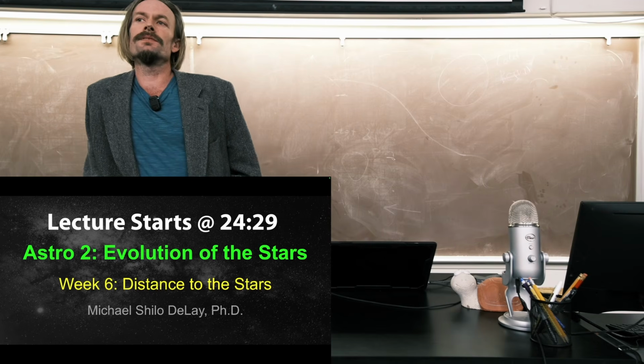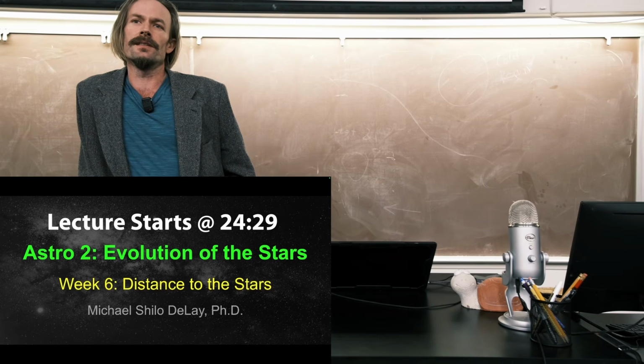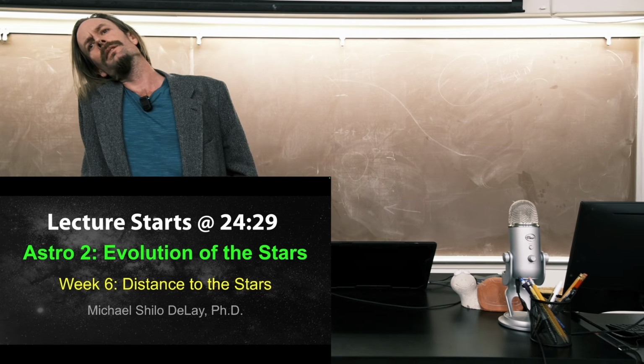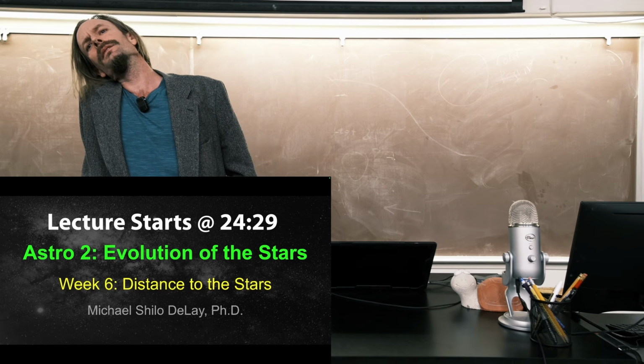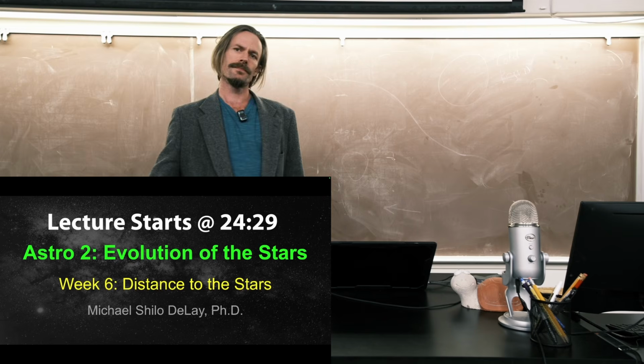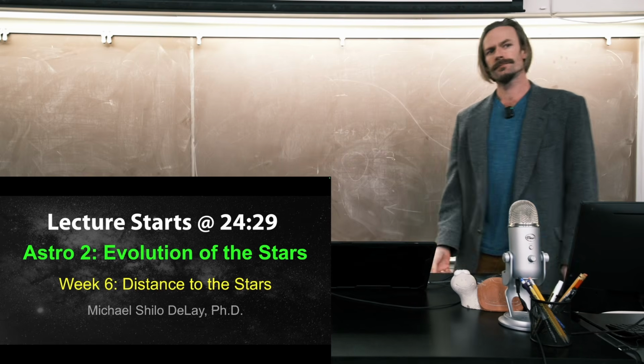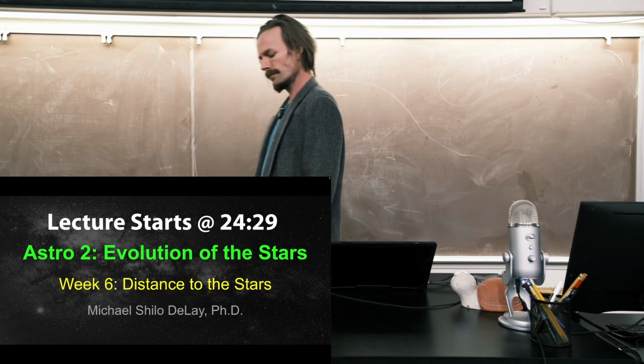So what's the difference between a brown dwarf and a star like ours, let's say? Yeah, Kevin. A brown dwarf fuses deuterium. Deuterium, yeah, heavy hydrogen. A proper star in the main sequence fuses hydrogen.